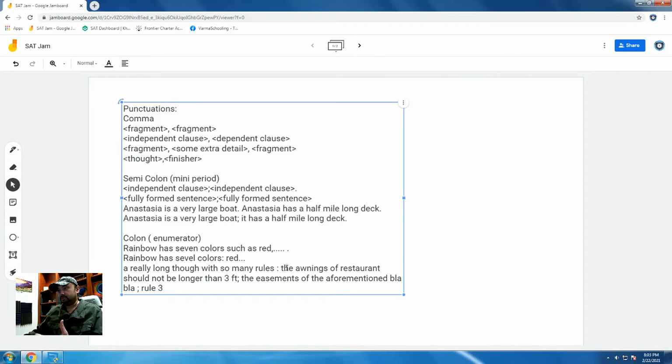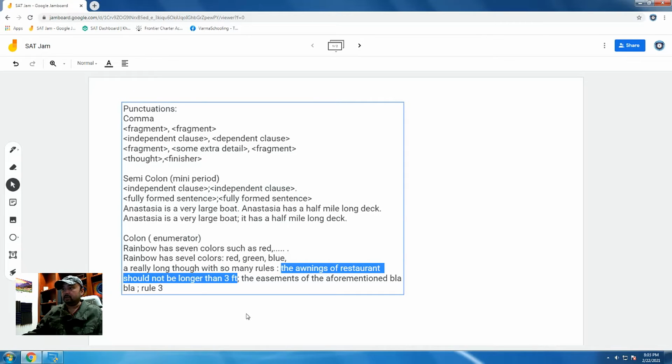So when we're using simple words, let's say red, green, comma, blue, then it's simple. It's a simple list. That's fine. But it can also be used in legal jargon where you have a longer list, so then we can't really use comma because this whole thing is a complete sentence.